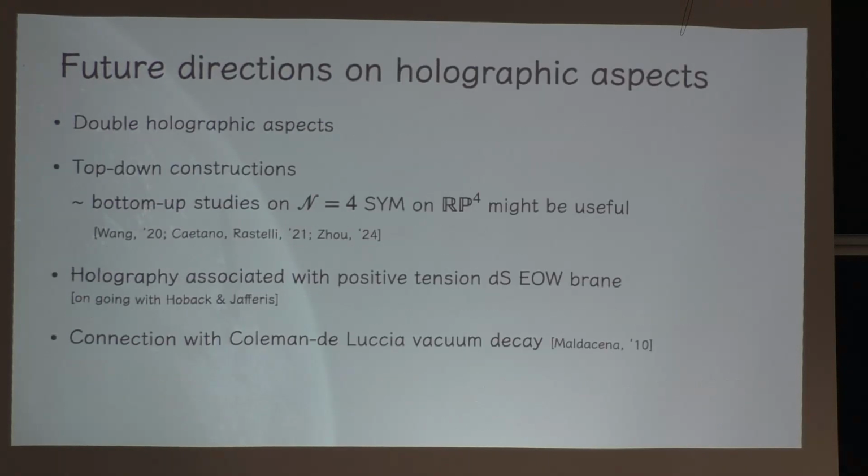People actually have thought about something related to defining N=4 super Yang-Mills on RP4, and then trying to find the gravity dual of those kinds of super Yang-Mills. But they found that once they want to construct the bulk dual, it turns out to be very odd, and they didn't really achieve that. But that would be a good starting point to actually do something like this.